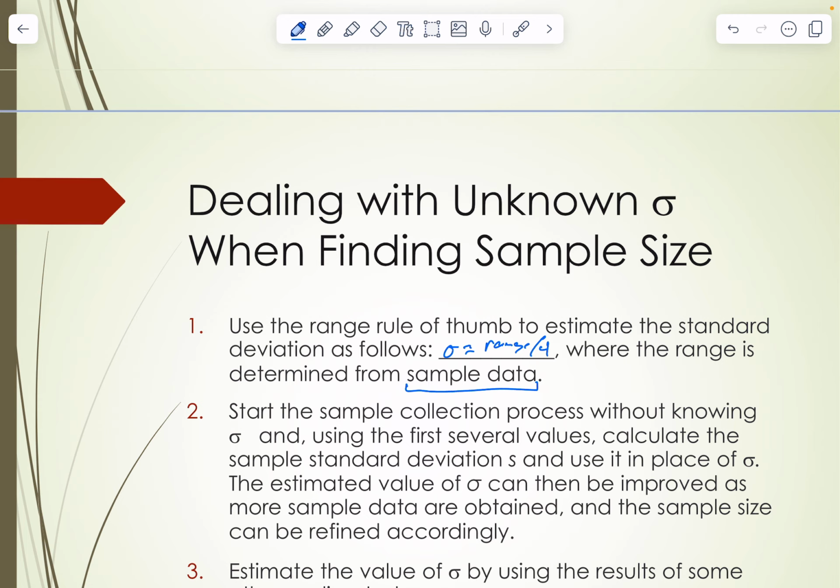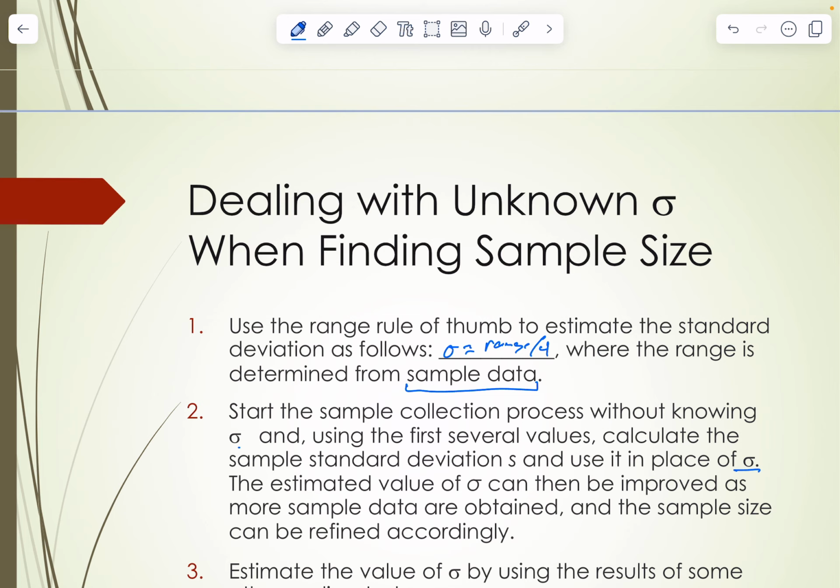You haven't sampled yet because you don't know how much, but perhaps there is some sample data available. Start the sample collection process without knowing sigma, and using the first several values, calculate the sample standard deviation S and use it in place of sigma.